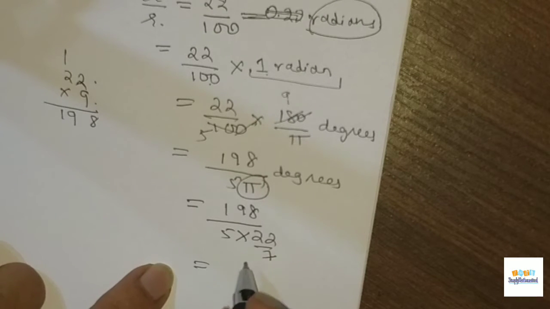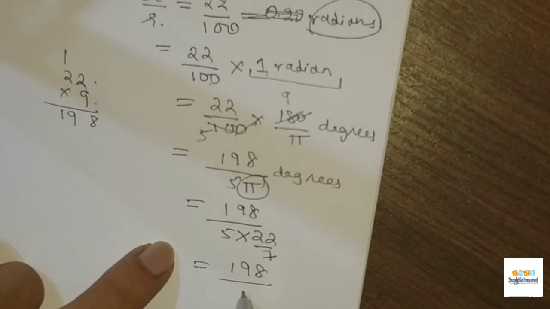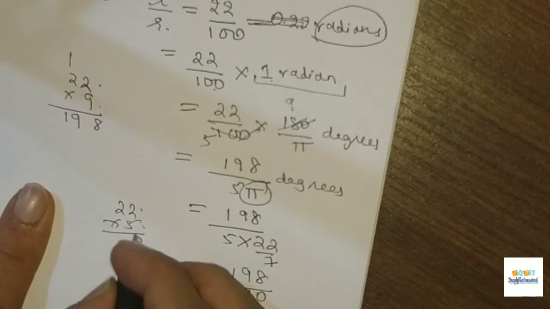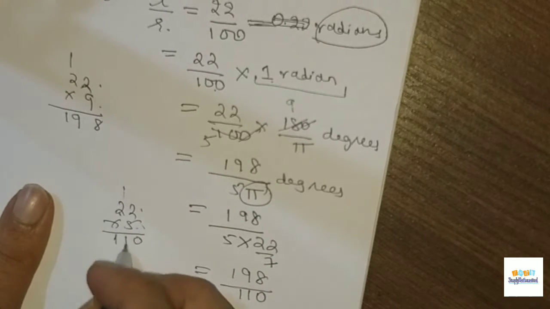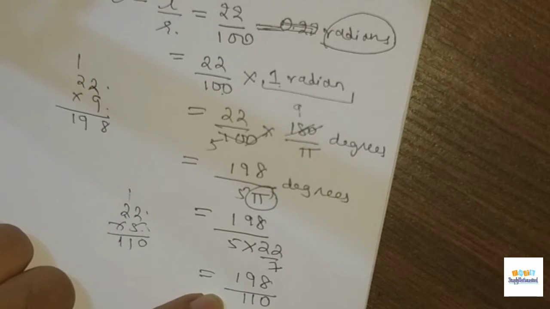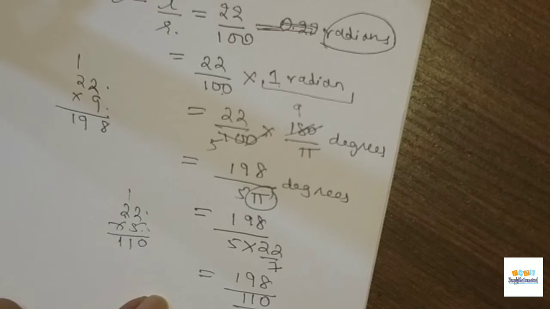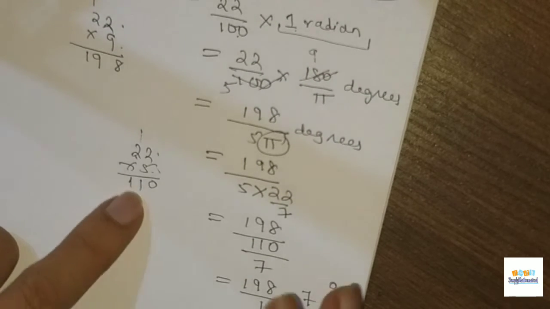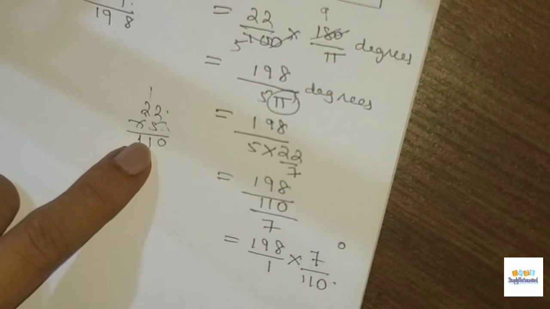You will get 198 divided by 22 multiplied by 5, which is 110, then divided by 7, which is equal to 198 multiplied by 7 by 110 degrees.